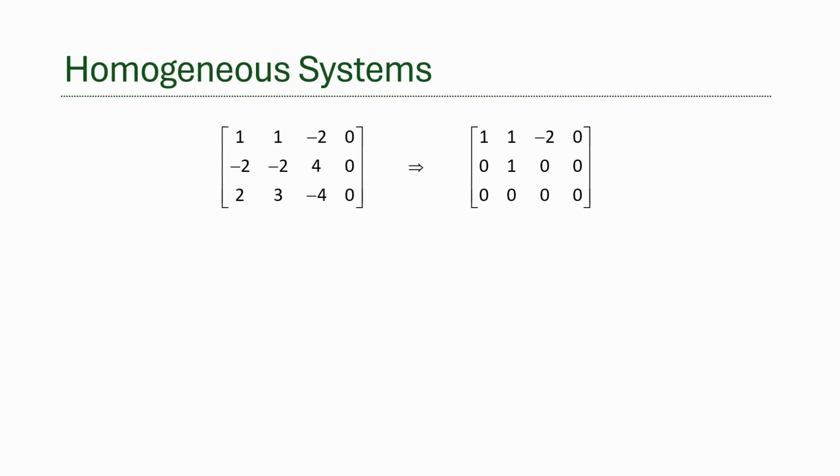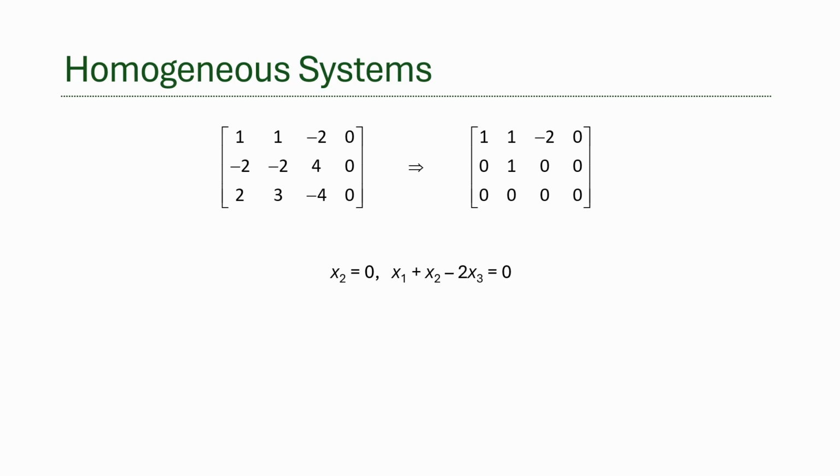So the solution to this is x3 can be anything, x2 has to be 0, and from the top row, x1 plus x2 minus 2x3 has to equal 0. So I'm going to leave the x2 equals 0 alone, that's fine.